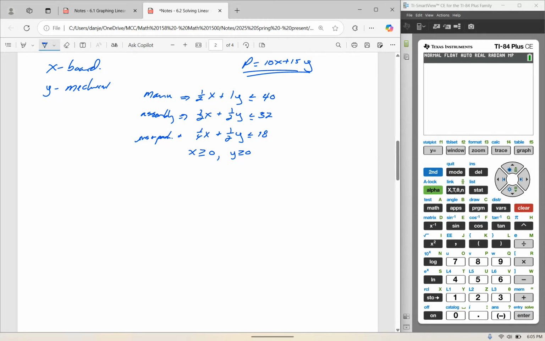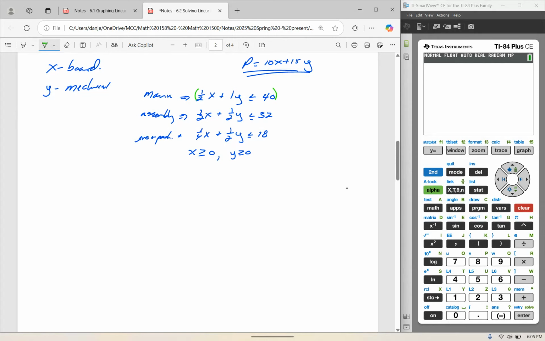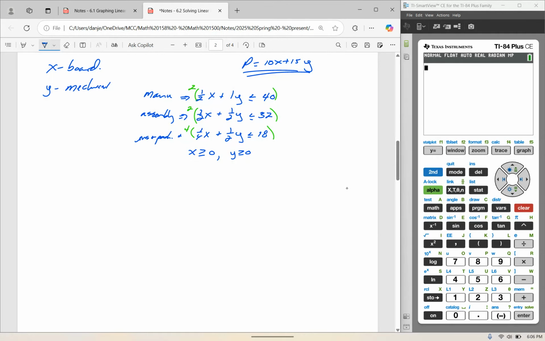Next thing I want to do is rewrite these inequalities without the fractions. So I'm going to multiply the first equation by 2, the second equation by 2, and the third equation by 4. So my three equations will become x plus 2y is less than or equal to 80.